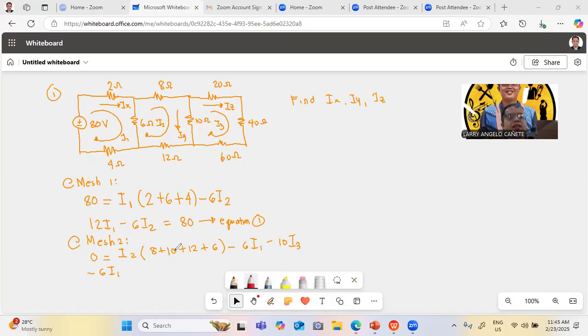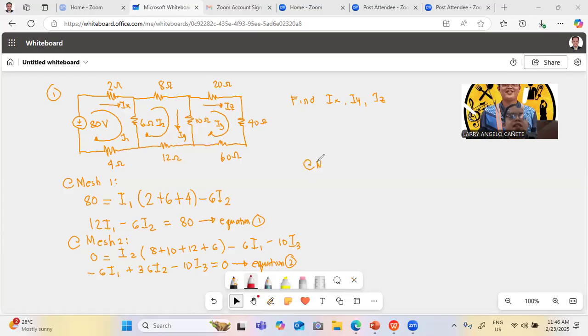So 8 plus 10, 18, plus 12, 30, plus 6, 36. So plus 36 I2 minus 10 I3 is equal to 0. So this is now my equation 2. Okay. Sana makuha mo na yung problem.